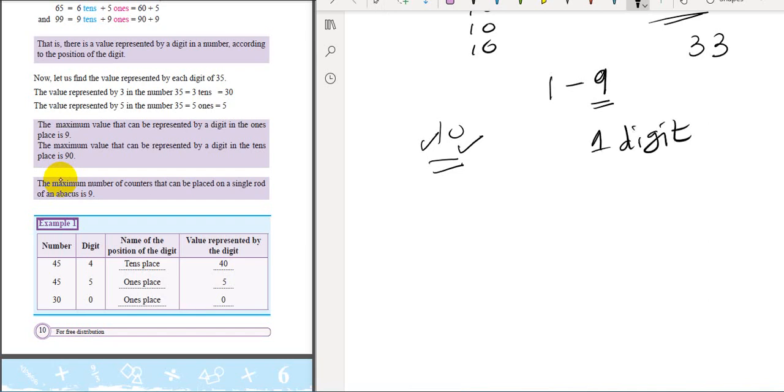Okay. After 9, up to 99, we can get 2 digits. Then after 99, you can see the maximum value that can be represented by the digit in the tens place is 90.